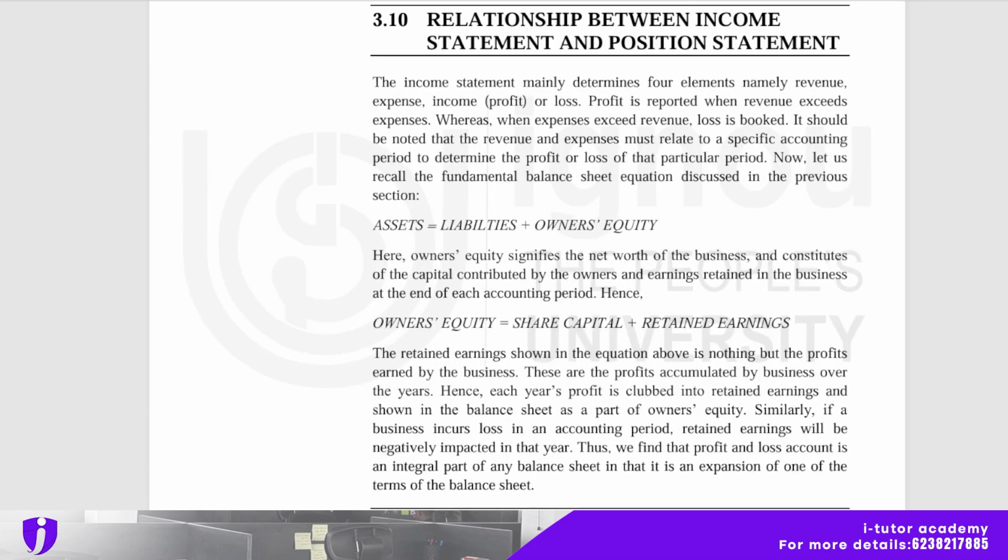Profit is reported when revenue exceeds expenses, whereas when expenses exceed revenue, loss is booked. It should be noted that the revenue and expenses must be related to a specific accounting period, and there is an equation also: asset is equal to liabilities plus owner's equity, and owner's equity is equal to share capital plus retained earnings.